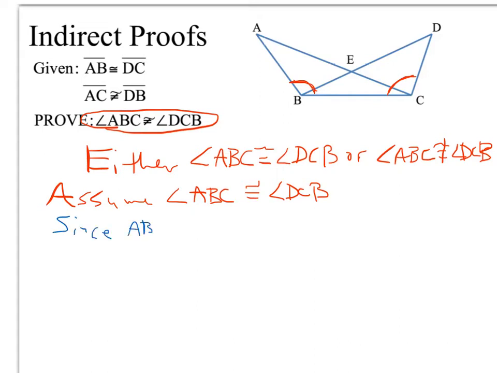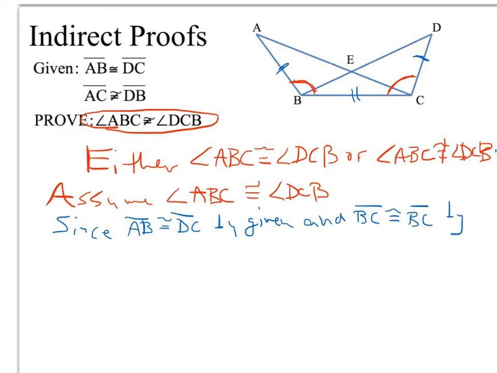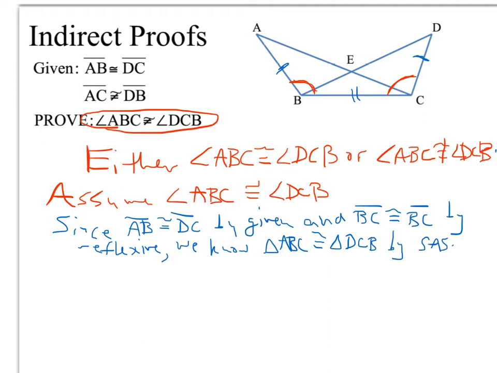Since AB is congruent to DC by given, of course mark it, and BC is congruent to itself by the reflexive property, we know triangle ABC is congruent to triangle DCB by side angle side.